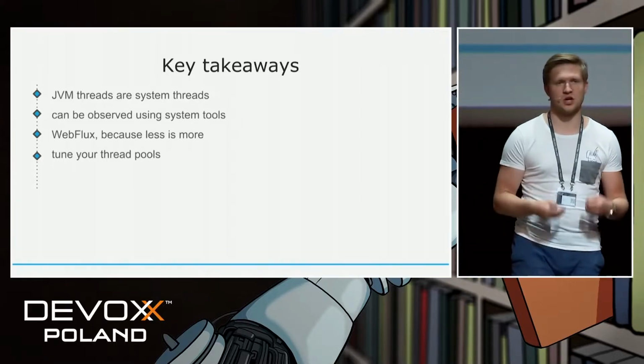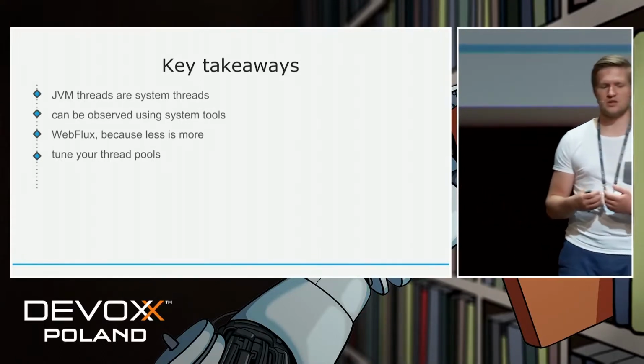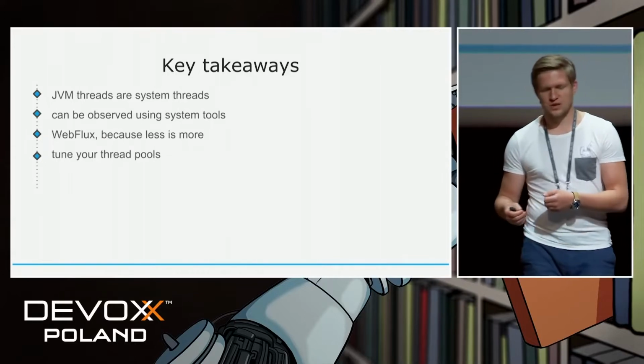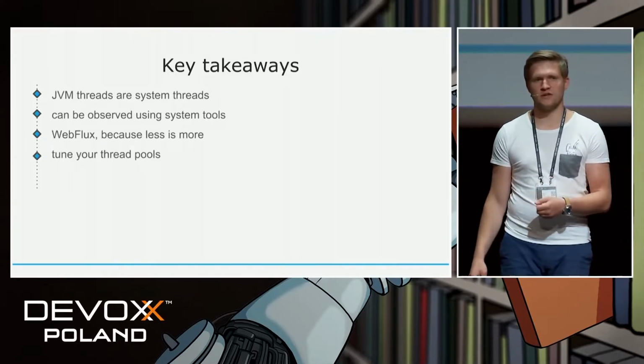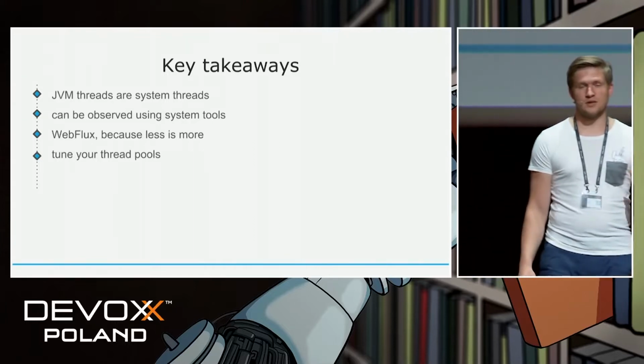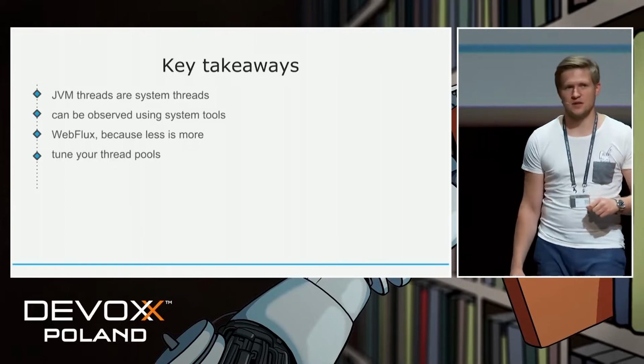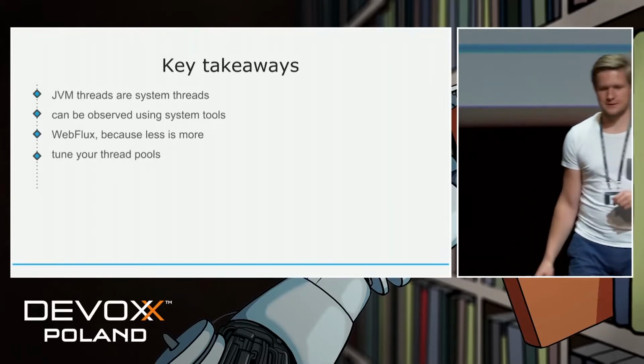Each thread costs, and the cost of operating many threads can be huge. Whenever you work with a thread pool, try to tune it, because by default you might run into some weird corner cases.